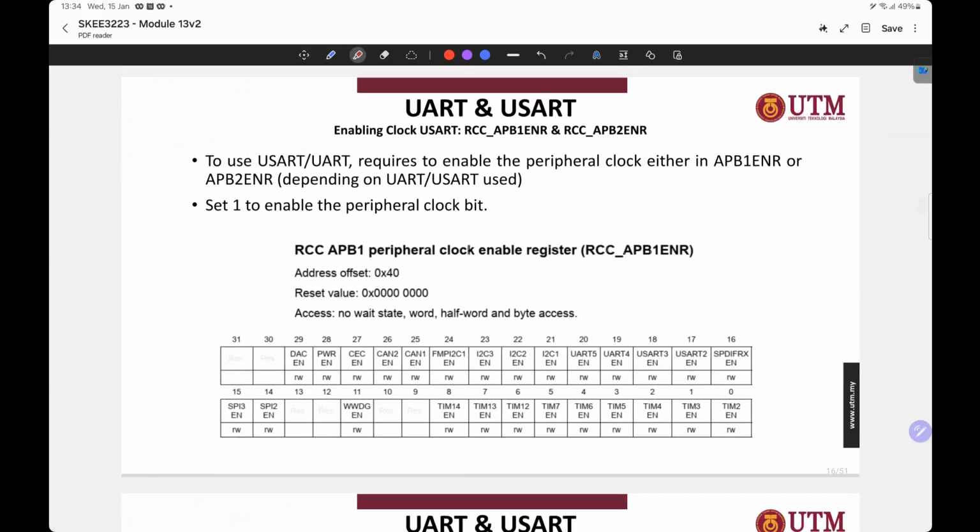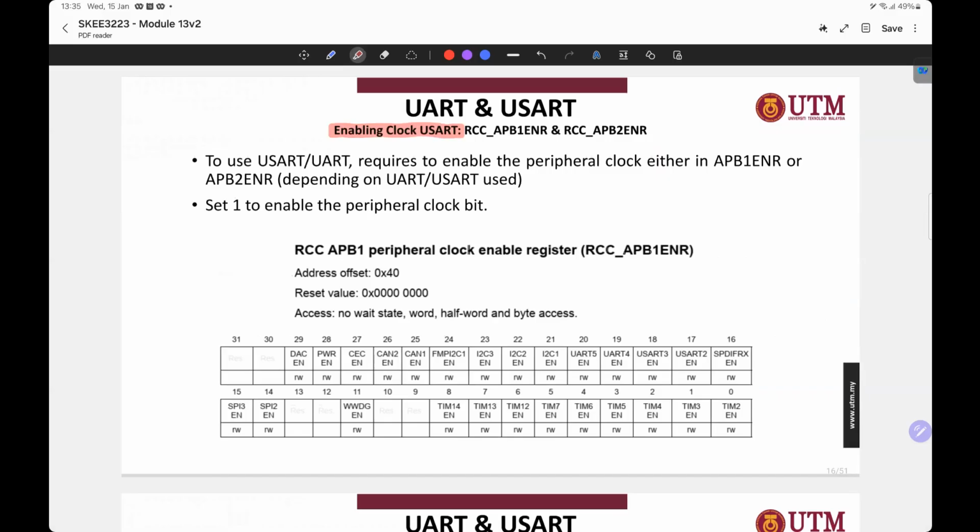For example, for UART and USART, you need to enable the USART or UART clock, similar to what we did in the GPIO and in the interrupt programming. So you need to enable the clocks, but this one we call the USART clock.